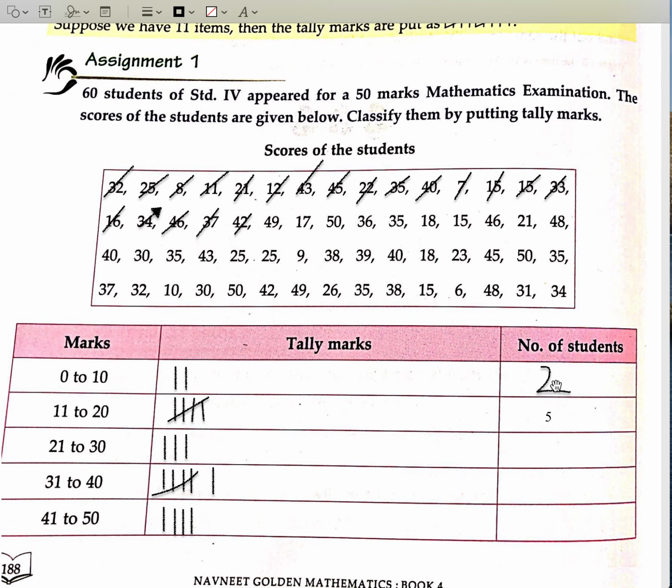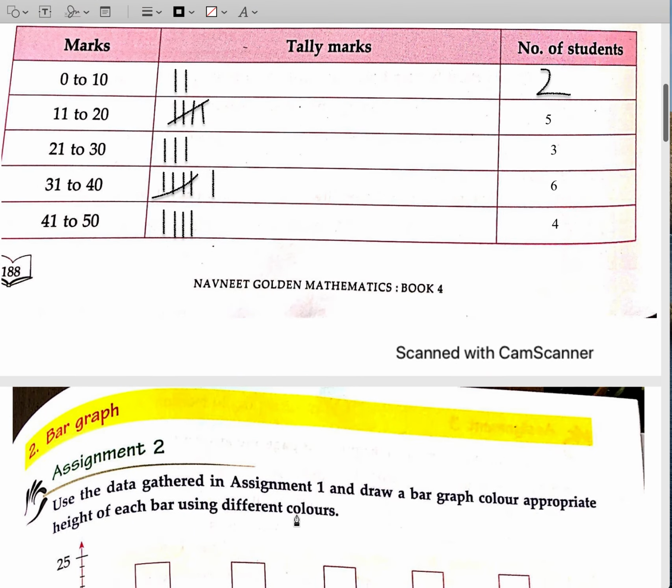Five. Then the next one would be 3, because there are 3. Then next would be 6. And the last one would be 4. Now I have solved for only 1.5 line, but at home you can do the rest 3 lines.